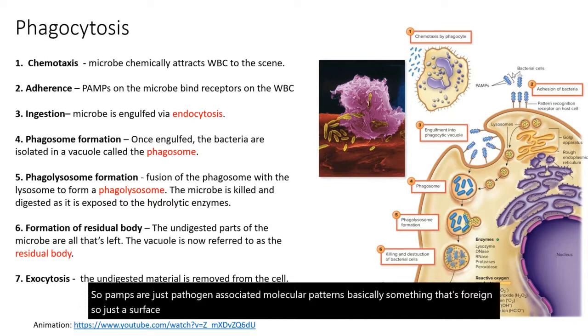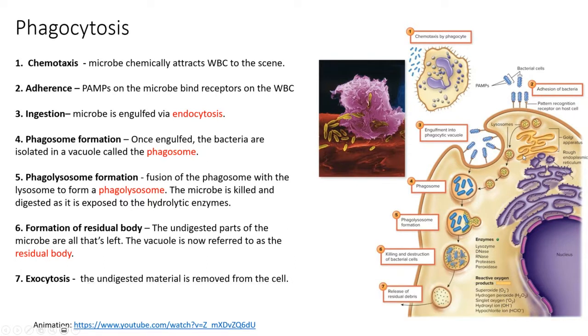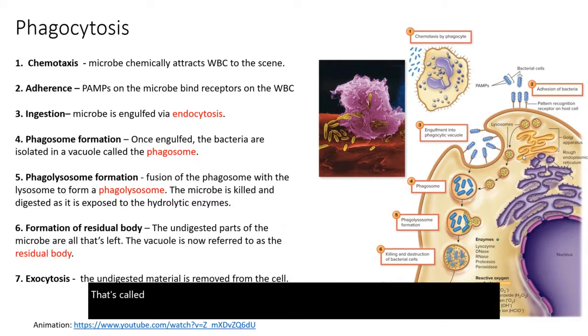It looks like it's got jaws coming up and going to bite all of these little pathogens. This is called endocytosis, where the cell is taking these bound pathogens inside of the cell. That's called ingestion or engulfment.